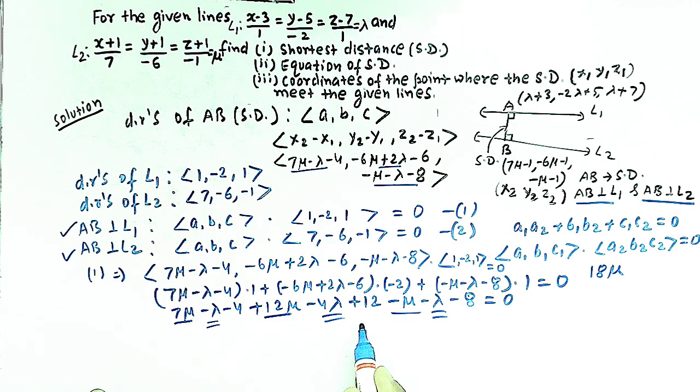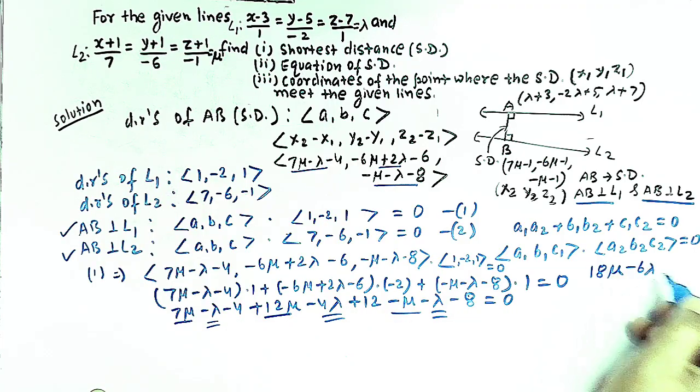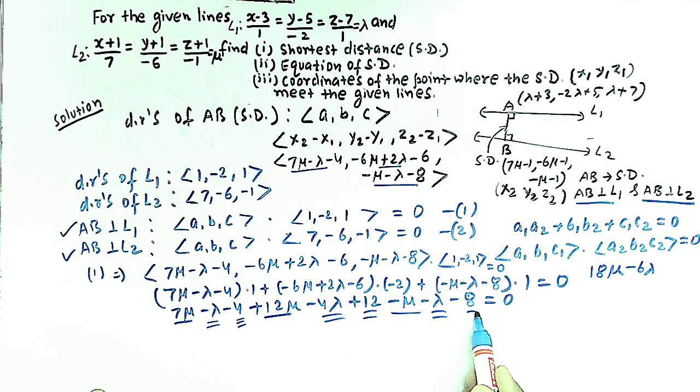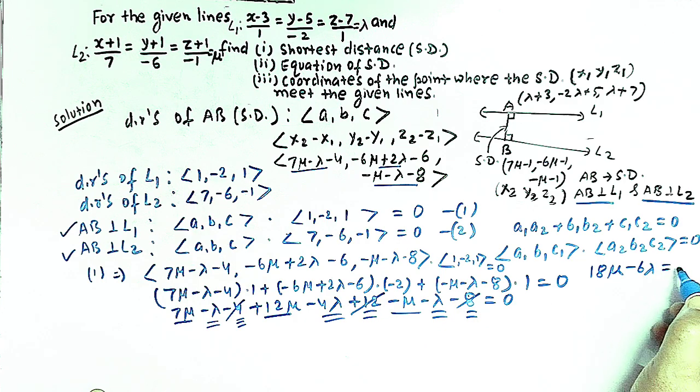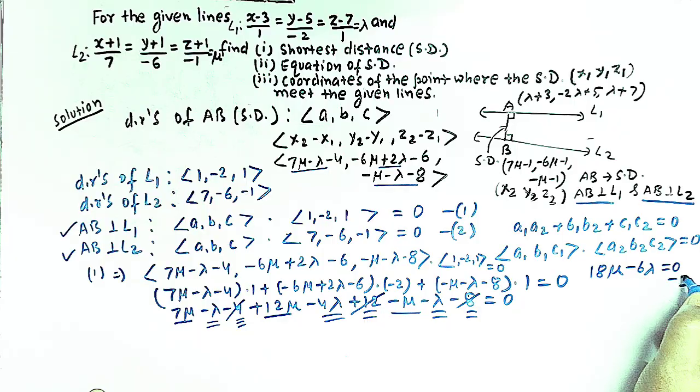So here we have minus 6 lambda, and then we have here minus 4 and 12 and minus 8. So minus 4 and minus 8 is minus 12, and this is cancelled with this 12, right? So we have simply here 18 mu minus 16 lambda is equal to 0, right?